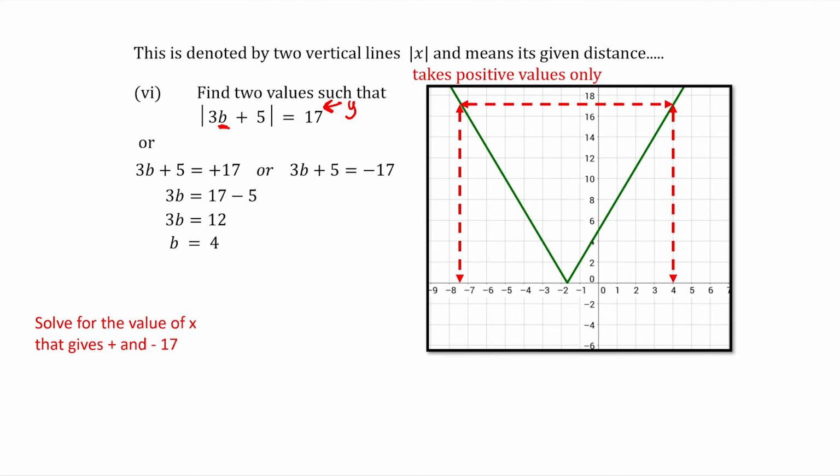Or 3b plus 5 equals minus 17, and 3b equals minus 17 minus 5, which gives us 3b is equal to minus 22, and b is equal to minus 7 and 1/3, or minus 7.33. We can see that both of these values are the same as we would have found using our graph.